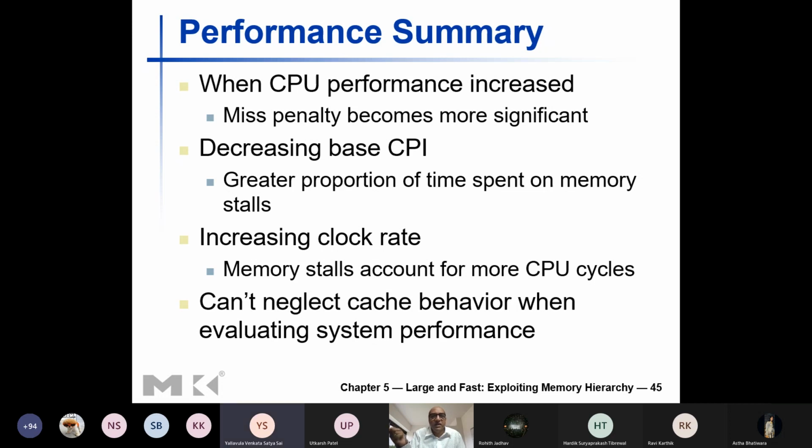In that case, you can increase the clock rate. It means the cycle duration you are reducing. By using an efficient CPU and efficient cache access times, you can increase the clock rate. That is, the clock cycle period can be reduced.